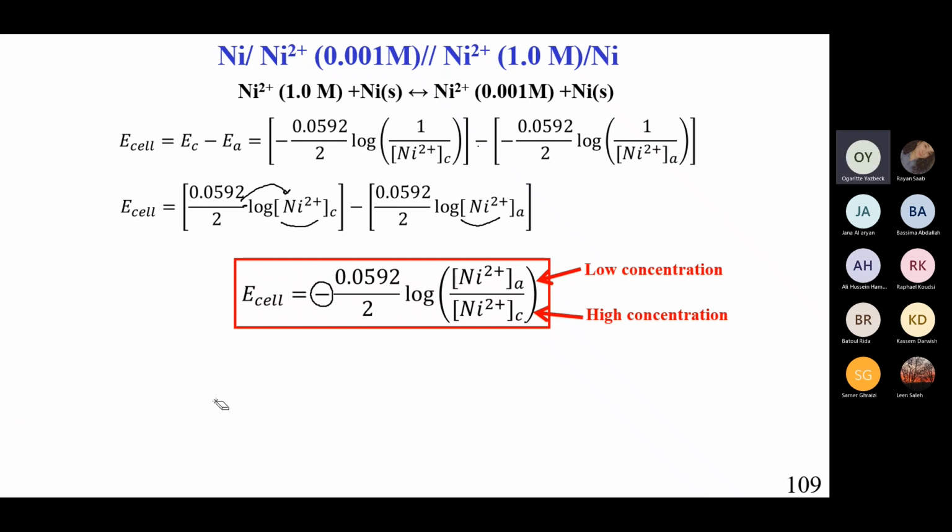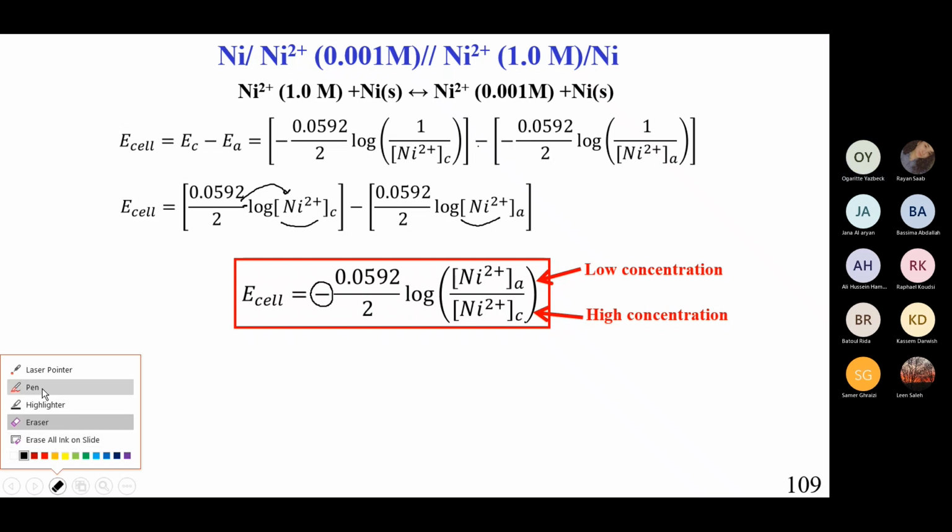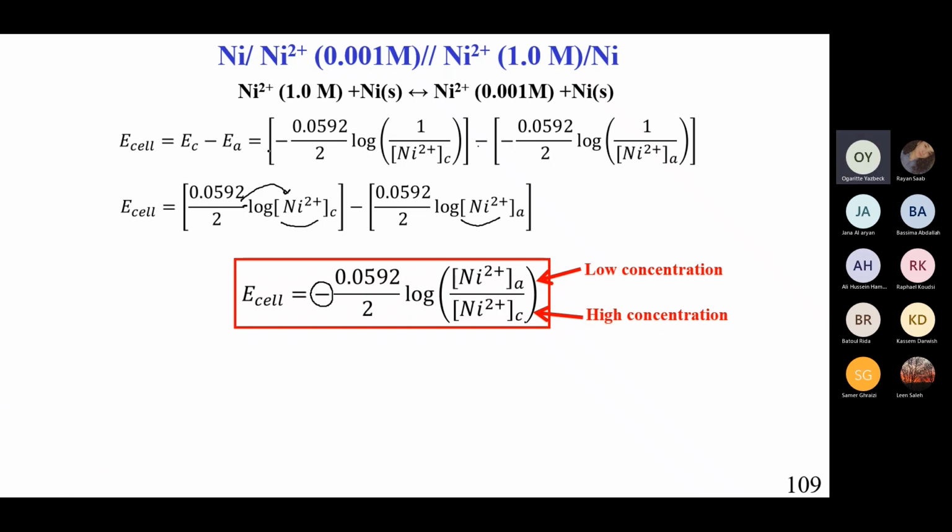By the way, what about the E naughts for each of them? Well, actually, this part already should have an E naught of nickel at the beginning of it, and this part should have an E naught of nickel at the beginning of it, but they're both equal.